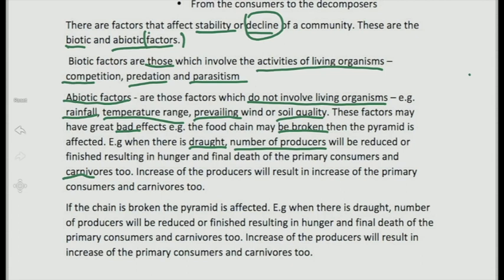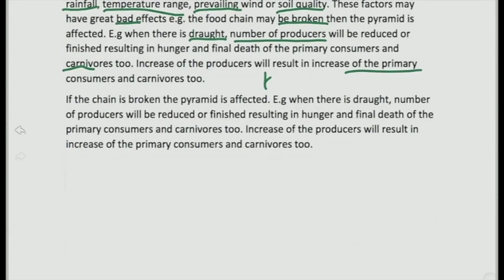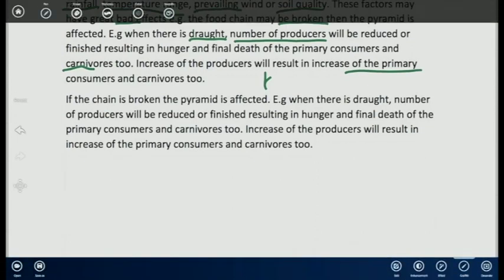But an increase of these producers will result in an increase of primary and secondary consumers, which are the herbivores and carnivores. If the food chain is broken down, the ecological pyramid is also affected. For example, when there is drought, the number of producers will be reduced or finished. This is more of a repetition of what I have just said.